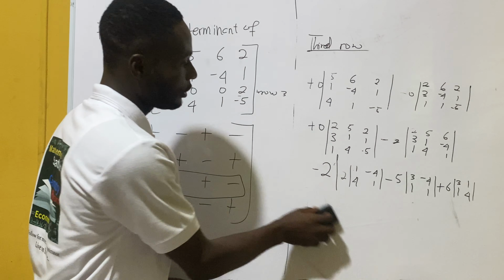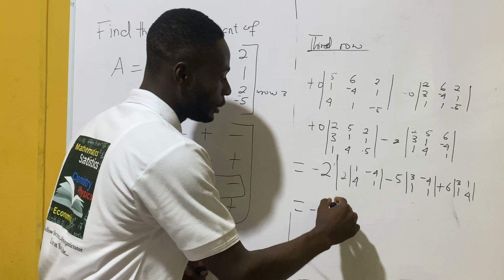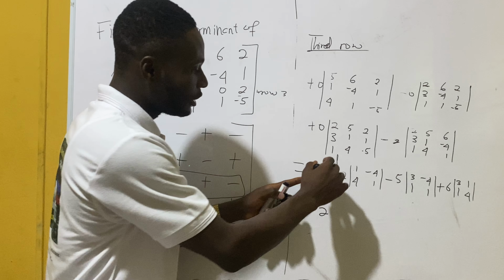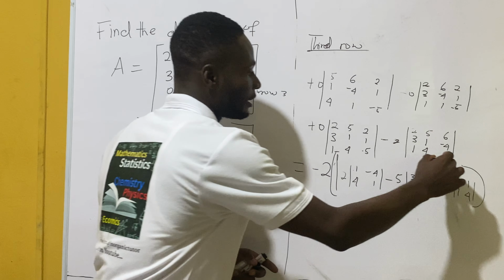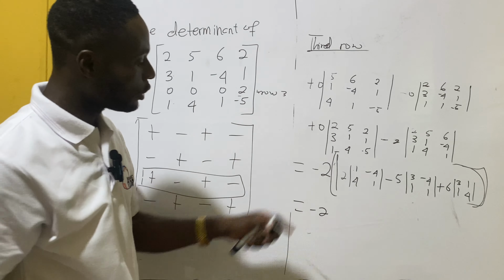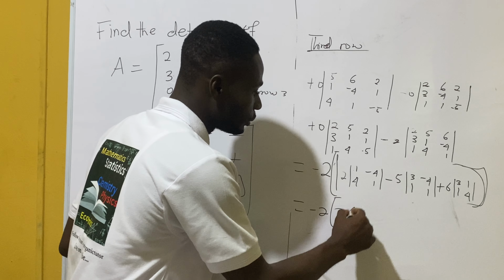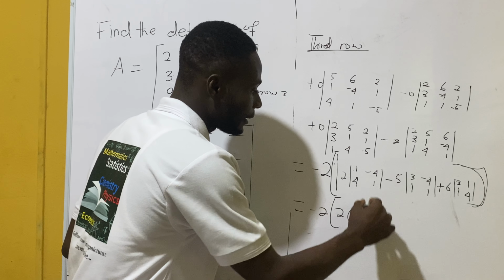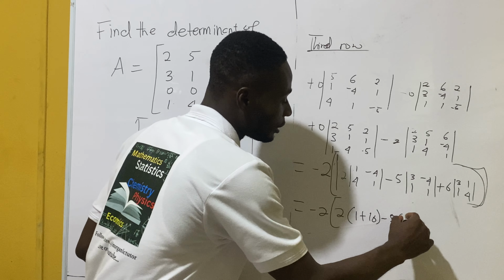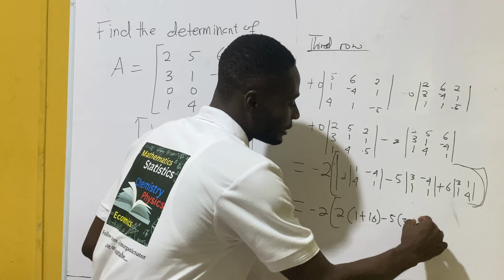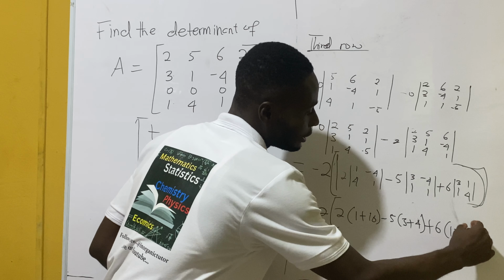So here we're going to have minus 2 multiplied by, this minus 2 is affecting everything. So you have minus 2 here. So 2 into 1 times 1, that is 1, plus 16, minus 5 into 3, plus 4, plus 6 into 12 minus 1.